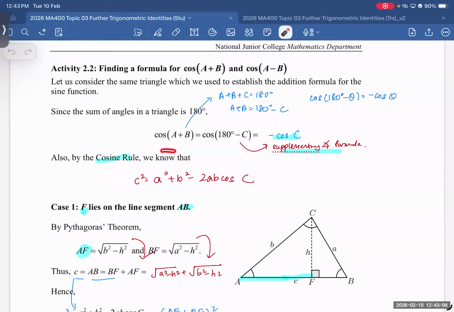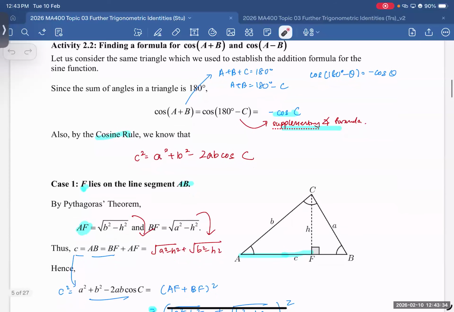So cosine a plus b is the same as cosine 180 minus c. And cosine 180 minus c is negative cosine c, which is the supplementary angle formula. Then I talk about cosine rule. Cosine rule, you can see c squared equals a squared plus b squared minus 2ab cos c.